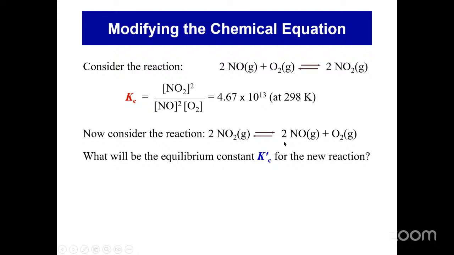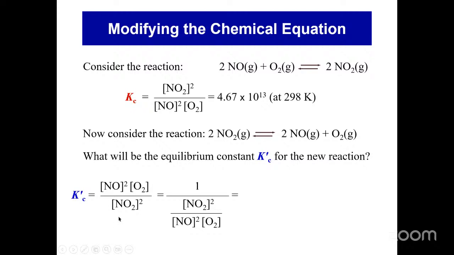So concentration of NO squared times the concentration of O2, over concentration of NO2 squared, right? So therefore, this is what you're going to get. And if you compare this to this, you'll see that this would be equal to 1 over what Kc is equal to. So Kc prime would be equal to 1 over the old Kc. So basically, all you have to do is put 1 over the Kc. They gave you that value for the old Kc, and then you do your number crunching, and you end up with your new Kc value, all right?